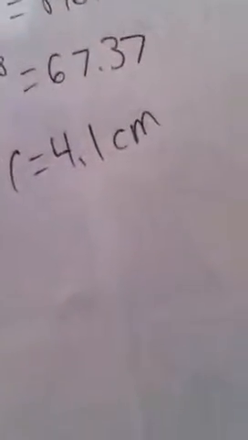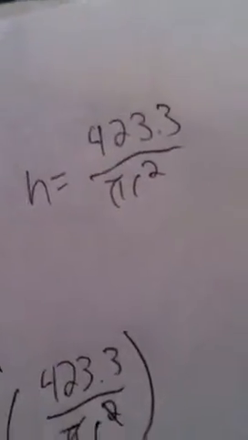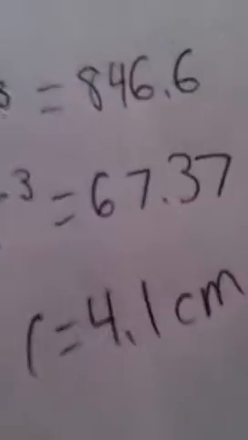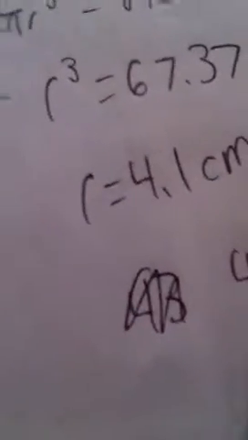Now, we're going to plug that back into our equation up here so that we can find the height. We need both dimensions here. So 4.1, alright, I'll rewrite it: 423.3 over pi times 4.1 squared.